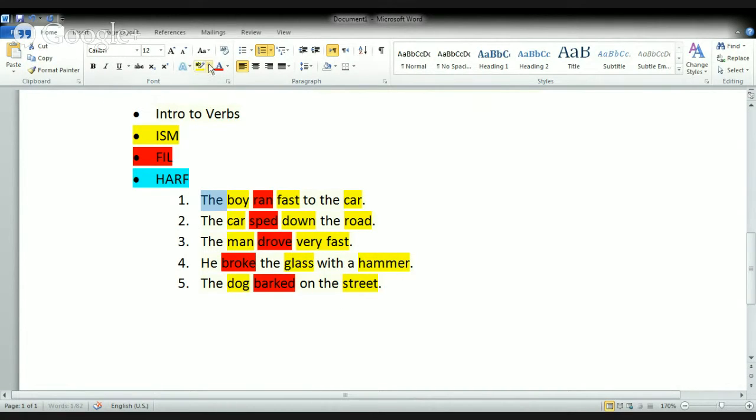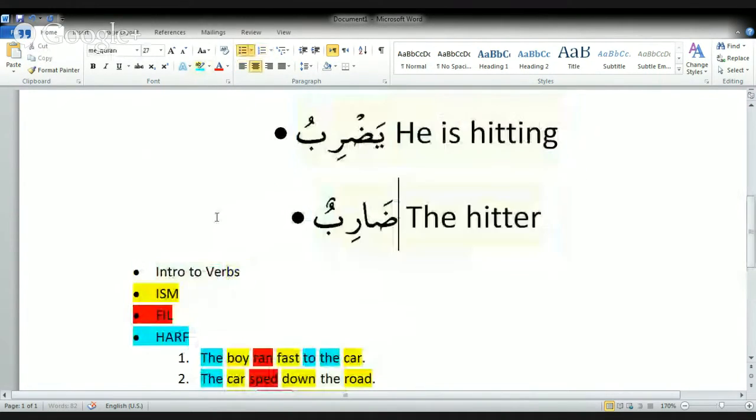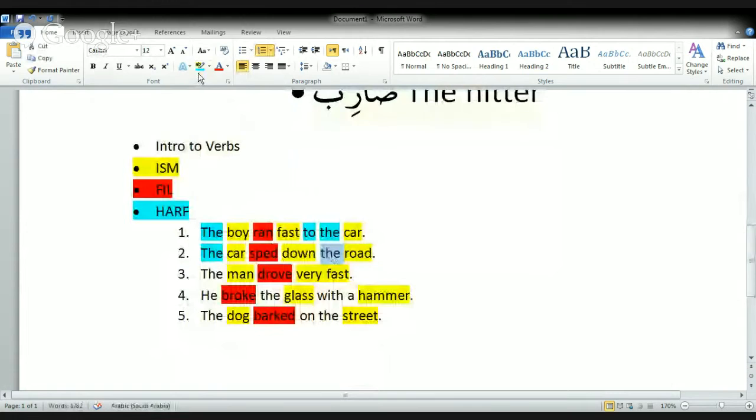And then the rest of these are going to be harf, obviously, because it's the process of elimination. That's how it is. So yeah, that's basically that.